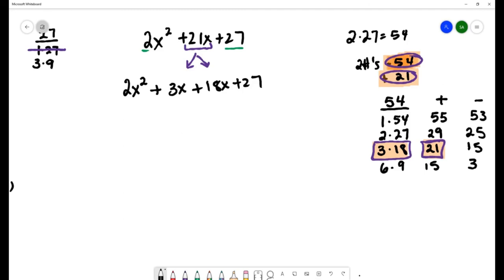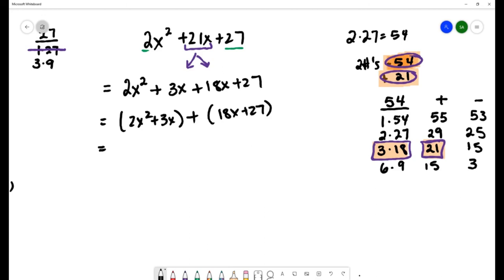Now that you have 4 terms, you're going to use a grouping method. So you're going to group 2x squared plus 3x, and you're going to group 18x plus 27, and you're going to factor the greatest common factor out of each group.